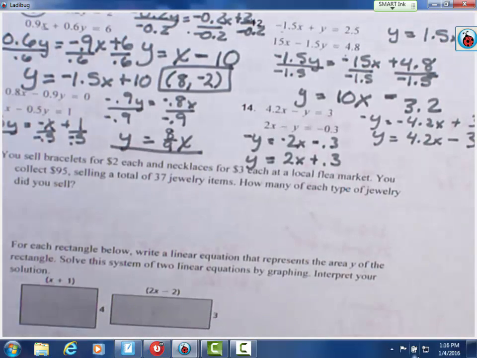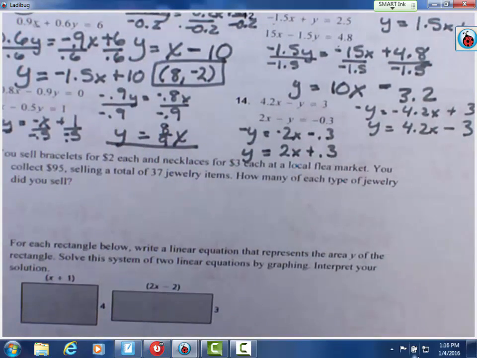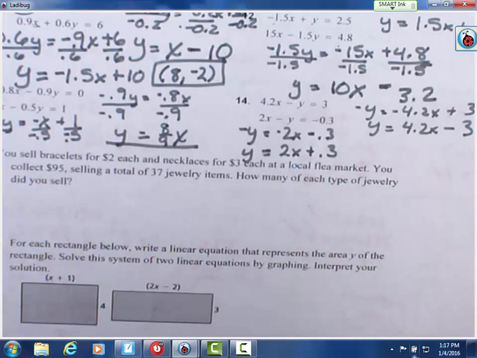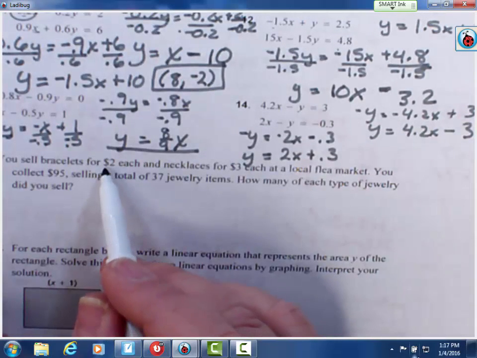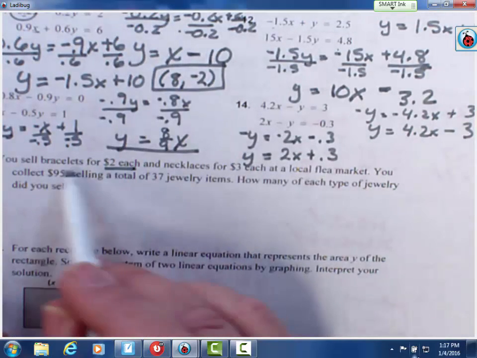Okay. You sell bracelets for $2 each and necklaces for $3 each at a local flea market. You collect $95, selling a total of 37 jewelry items. How many of each type of jewelry did you sell? Okay, so let's see. We've got $2 each for the bracelets.